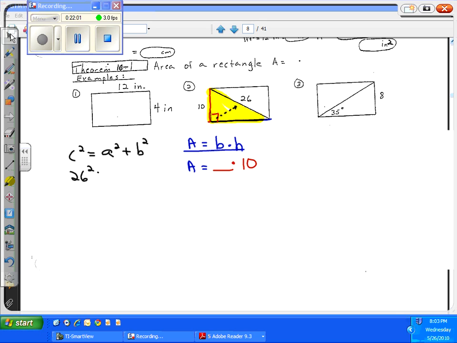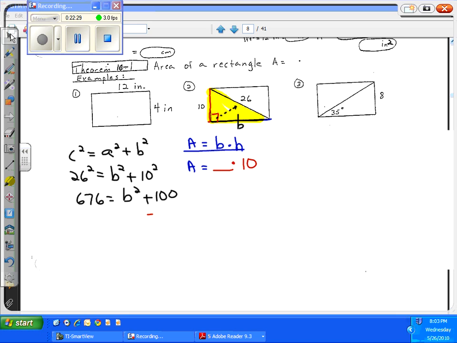So 26 squared is equal to the base of my triangle squared plus the other leg, 10 squared. I'm going to call that one side b. So we get 26 squared, which is 676, equals the base squared plus 10 squared, which is 100.